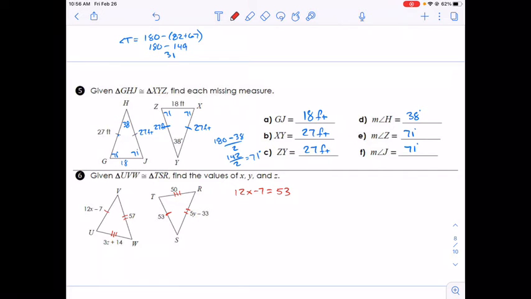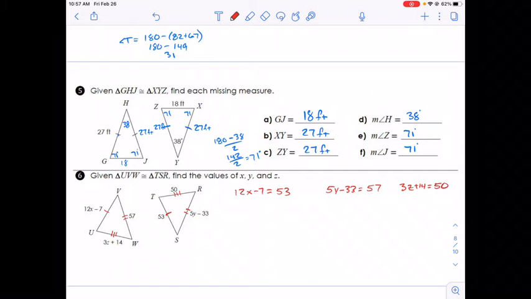And then for the second one, for Y, we know that 5Y minus 33 is going to match up with the other one over here, it's got 2 marks, which is 57. And then our last one for Z, we have 3Z plus 14, and that's going to equal 50, the side it matches up with. Okay, so UW matches up with TR.